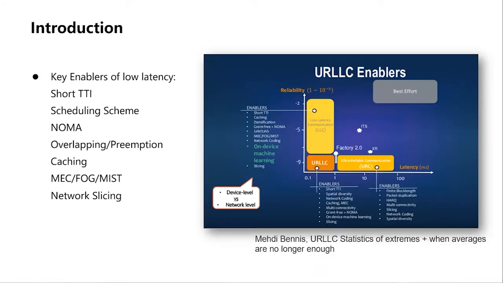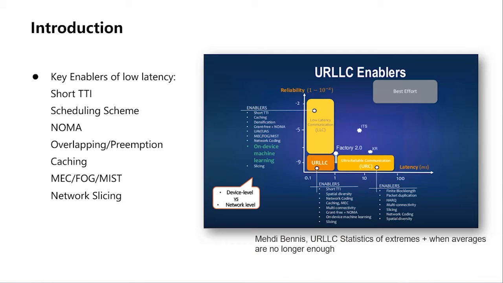There are several key enablers to achieve the latency requirement, such as short TTI, grant-free scheduling, NOMA, overlapping and preemption, caching, the edge computing technologies such as MEC, fog and mist, and network slicing. These enabler technologies optimize the latency at different layers of network stack.